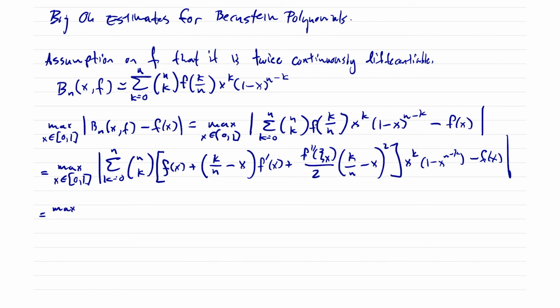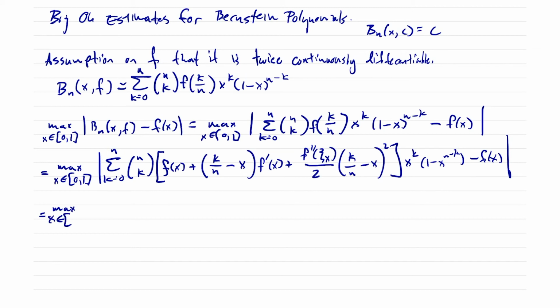Just because we know that Bn of x of 1, or any constant, is equal to just that constant. And so since k doesn't vary and f of x is constant with respect to n, what do we get?